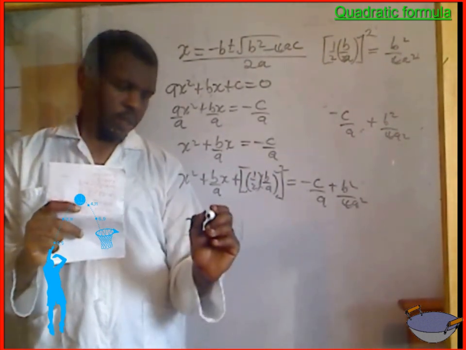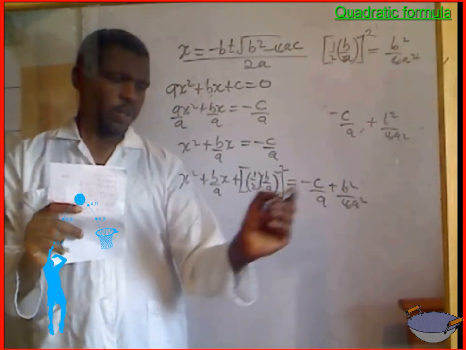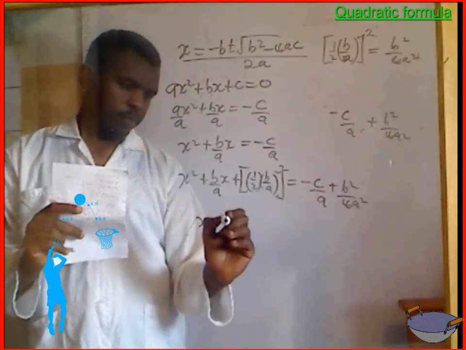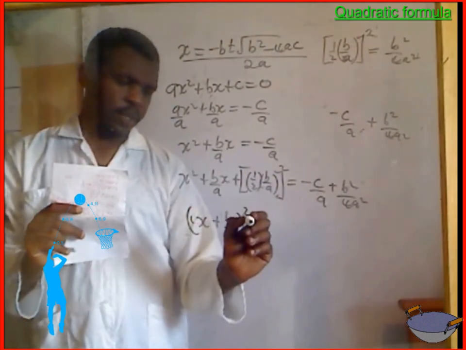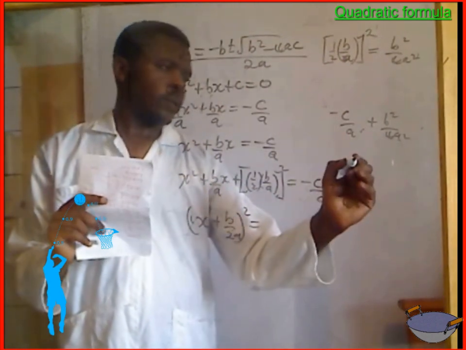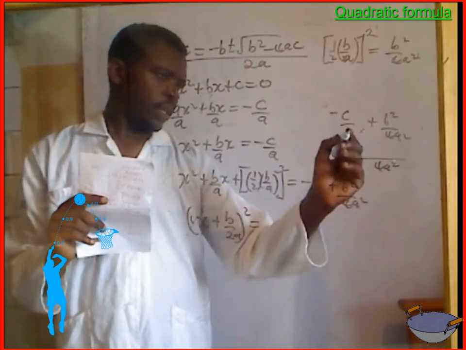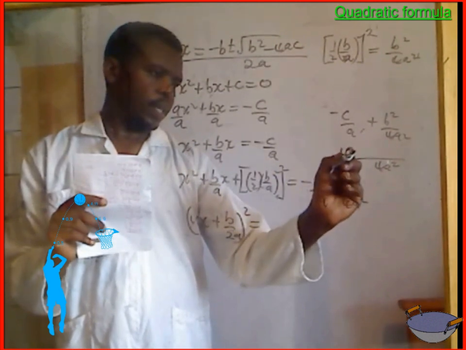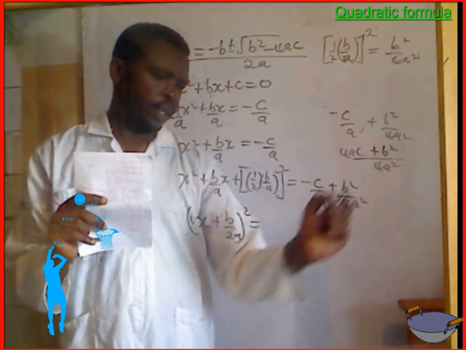So all of these will give us x plus b all over 2a all square is equals to, let's simplify this somewhere. So this will be LCM 4a squared. A goes into 4a squared, 4a, so this is 4a times c, this is 4ac plus b squared.